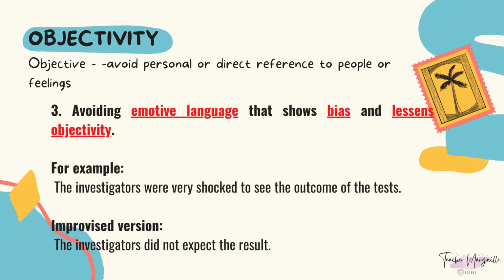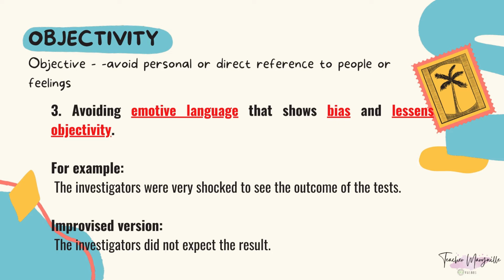Another way to achieve objectivity is by avoiding emotive language that shows bias and lessens objectivity. Emotive language means using personal feelings or emotion when writing. Here's an example: "The investigators were very shocked to see the outcome of the test."